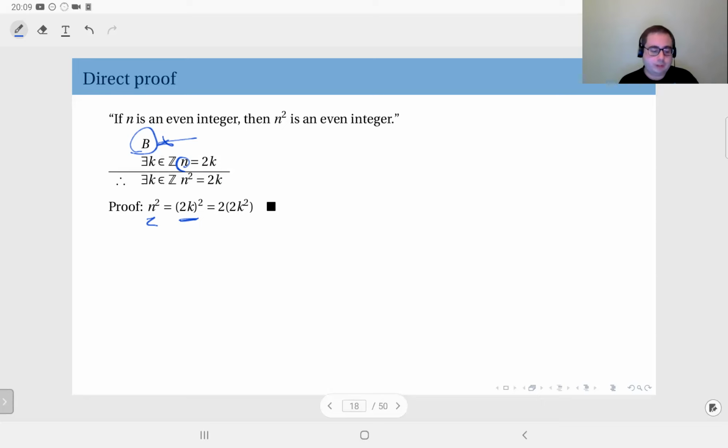What I'm doing is I just write n squared is equal to 2k squared, which is equal to 4 times k squared, which I can write as 2 times k squared. And here, since k is an integer, this is an integer, and 2 times an integer is an even number by definition of an even number, which means n squared is an even integer. So the proof is complete.